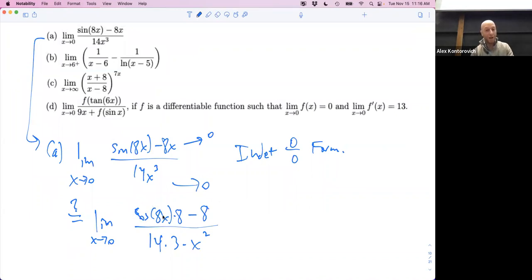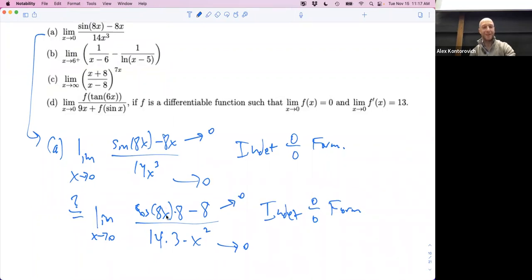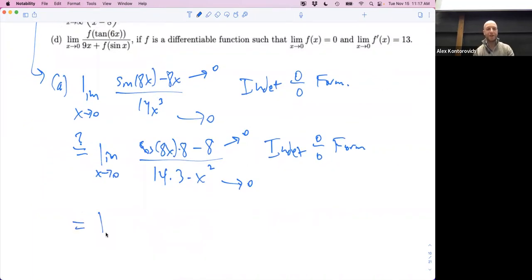Cosine goes to 1 as x goes to 0. So I have 8 minus 8. This is still going to 0. What's happening to this? This is also going to 0. So I still have an indeterminate 0 over 0 form. I'm going to L'Hopital it again. So this equality is not justified yet. It might be after a few more operations.